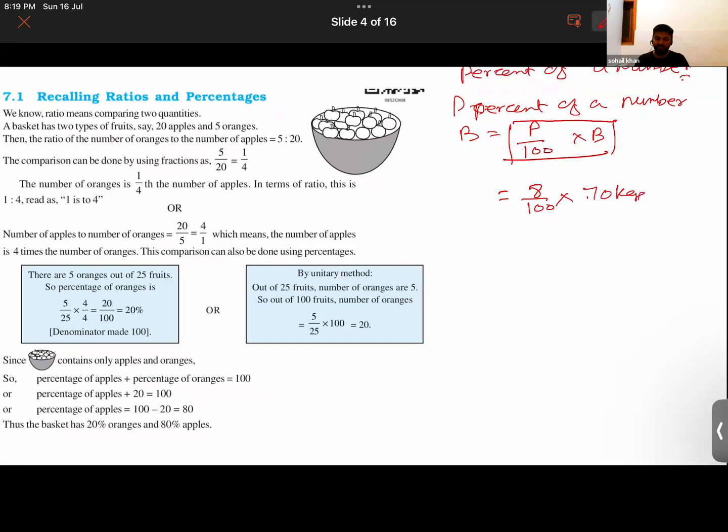So what is 8% of 70 kg? You find it as 8 upon 100 multiplied by 70.